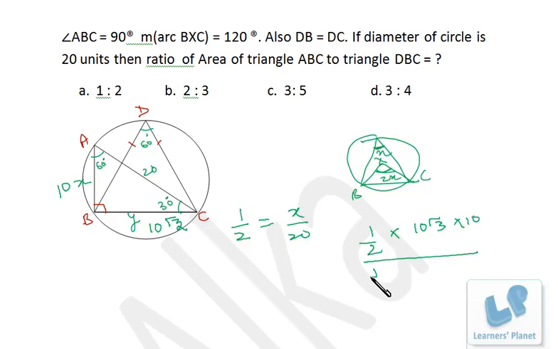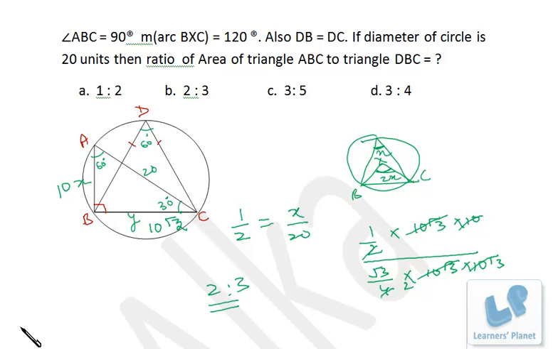For an equilateral triangle, root 3 by 4 times side squared. The side is 10 root 3, into 10 root 3, or you can say 300, right? So this 10 and this 10 are cancelled. So finally it is root 3 into root 3, that is 3, and this 2 will go into the numerator. So it's 2 is to 3, right?